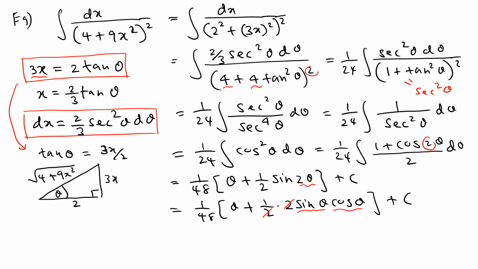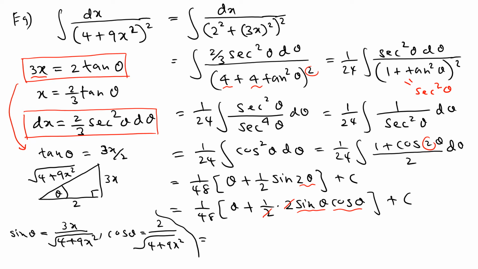Now we can find the sine and cosine. So sine theta is simply 3x over the square root of 4 plus 9x squared, and cosine theta is 2 over the square root of 4 plus 9x squared. So we can substitute those two here.